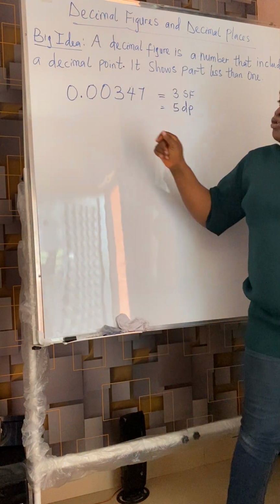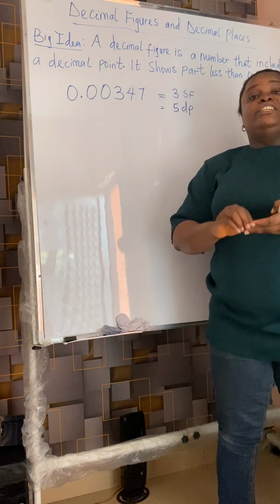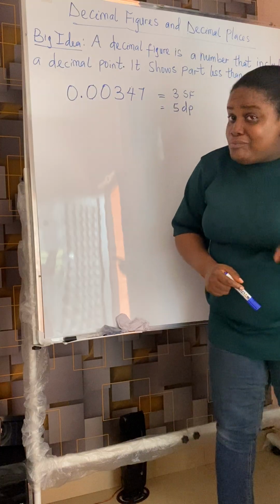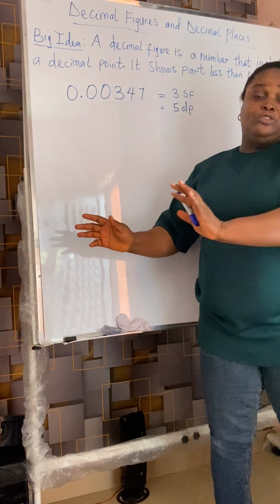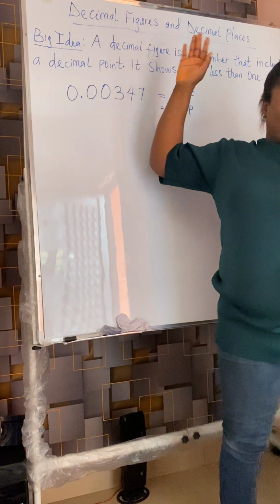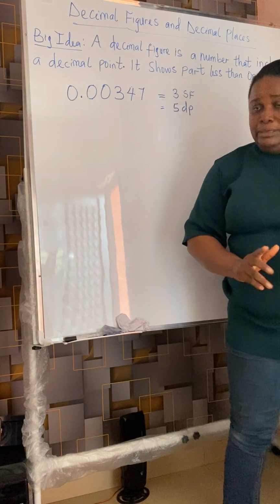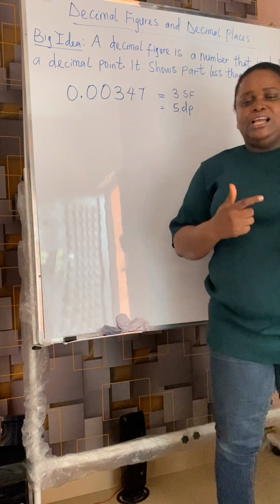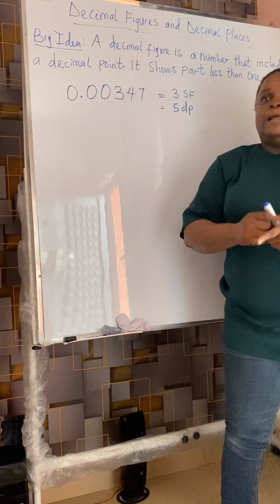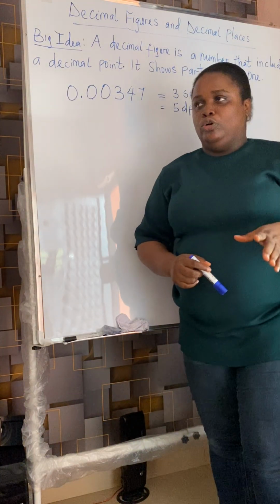But our focus is what happens after the decimal point. The way we arrange the place value for decimal numbers is not the same as for whole numbers. If you want to refresh your mind, or you are seeing this for the first time, check the previous videos where I did place value for whole numbers.